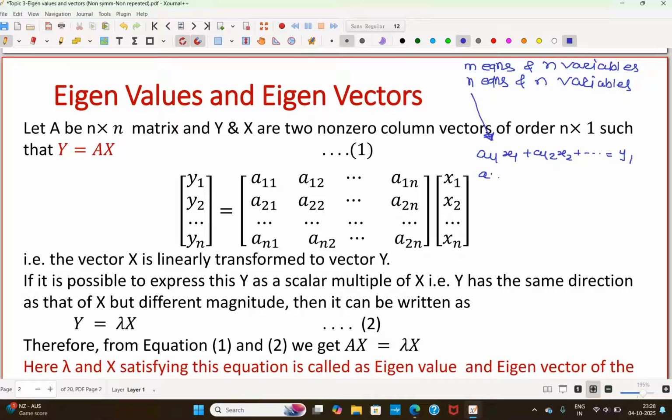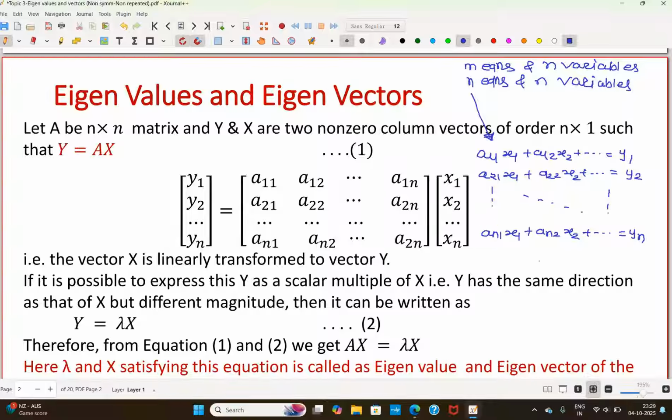Similarly, a21 x1 plus a22 x2 and so on till xn is equal to y2, and so on, till an1 x1 plus an2 x2 and so on is equal to yn. Now you can observe that this system is a little different than the system we discussed in linear algebraic equations.